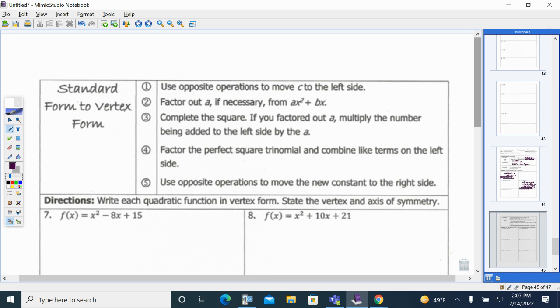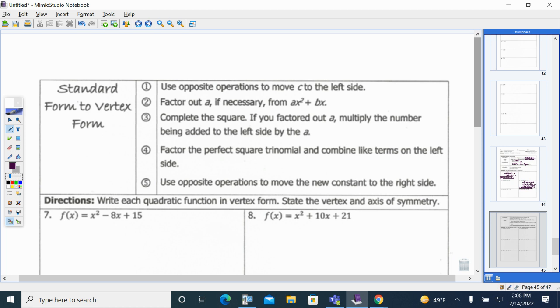Then we complete the square. If you factored out an a, multiply the number being added to the left side by a. That's the tricky one, which I'll explain in a minute. Number 4 says to factor the perfect square trinomial and combine your like terms on the left side. Lastly, we use opposite operations to move the new constant back to the right side.